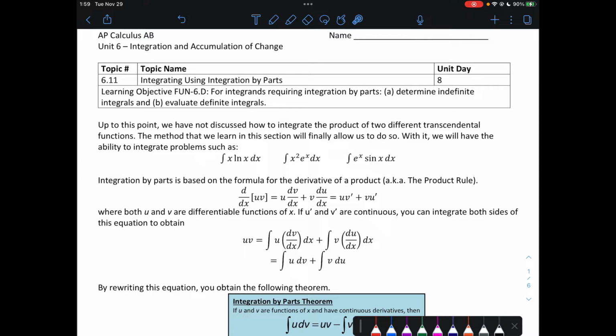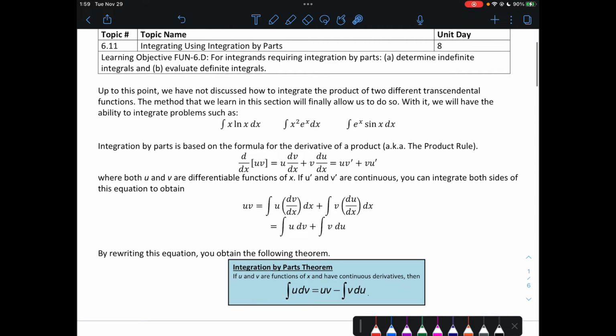If u prime and v prime are continuous, you can integrate both sides of the equation to obtain this. By rewriting this equation, we can find the integral of u dv equals uv minus the integral of v du.